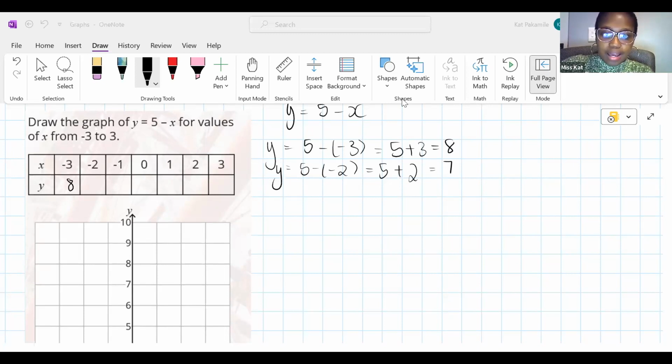Okay, let's hear Nosipo. We're going to have 5 minus negative 1, which will give us positive 6. There we go. Thank you very much.